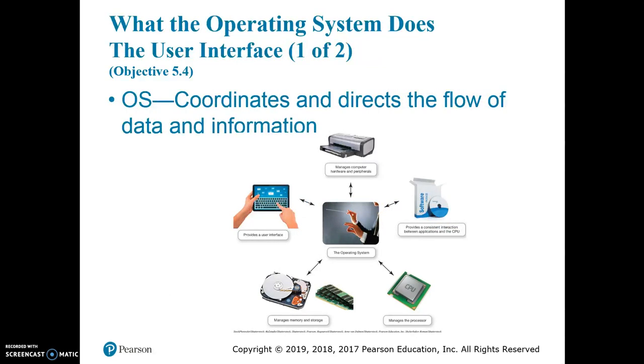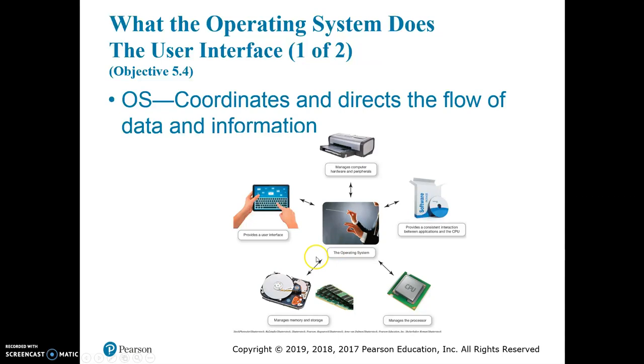So the operating system, if you want to think of it as sort of a conductor, okay, like for an orchestra, it's coordinating and directing the flow of data and information through the computer system. So look at our little illustration here. Here's your operating system in the middle. Okay, you see the conductor. So it's providing a user interface.